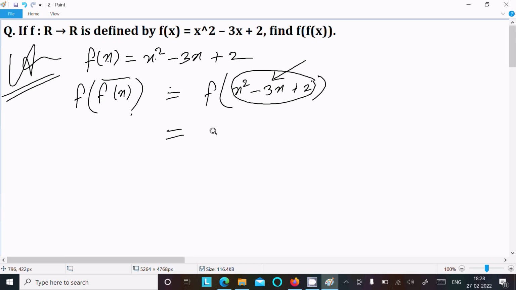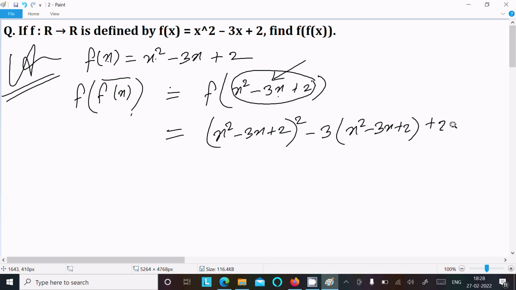So here this is x², so we write (x² - 3x + 2)², and after that minus 3 times, in the place of x, (x² - 3x + 2), and 2 is the constant.